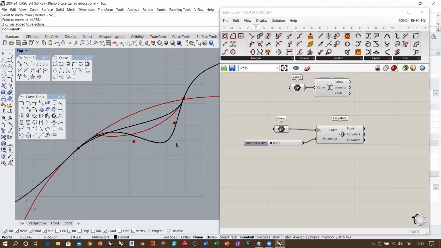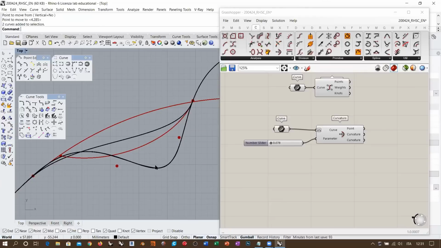Okay, so it's just a visual analysis. There is no general rule in order to decide between the blend and the arc shaped curve. Okay, so in this case, it's just the designer sensibility.